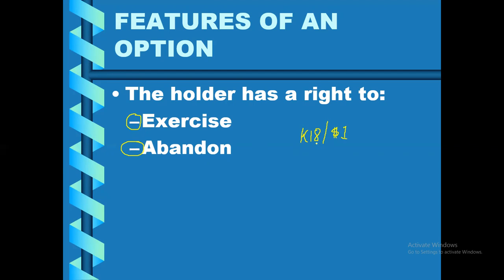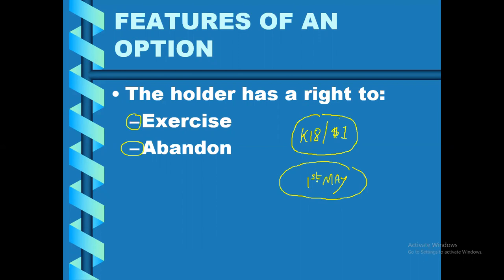This is what you call the exercise price. And they say, this option you must exercise before the 1st of May. So anytime between now and 1st of May, you can exercise your right. You can go in the bank and buy at 18.